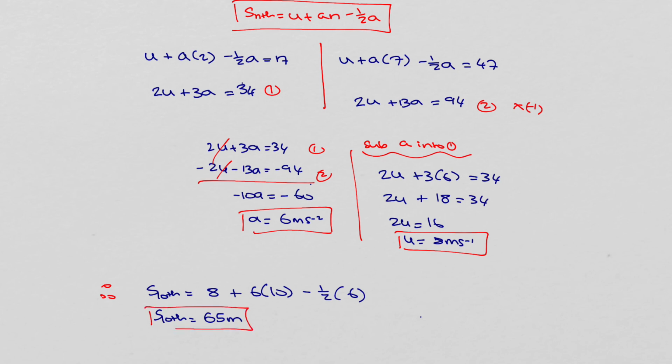And during the nth second, well, that would be 8 plus 6n minus a half times 6, which is 8 and 3, so 8 minus 3 I should say, which is 5 plus 6n.